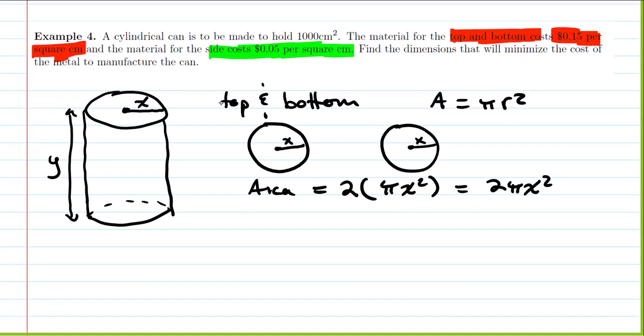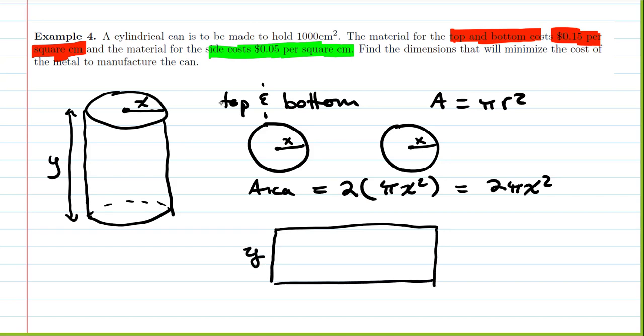Now we need to look at the side. Imagine that we've taken the top and the bottom off the can. If I make a lateral cut up the side and lay it out flat, what geometric figure is it going to look like? It's going to be a rectangle. From our figure, we know the height is going to be y. The question then is, what is this distance going to be? Well, that is exactly the distance around the circle, because the can goes around the circle and connects.